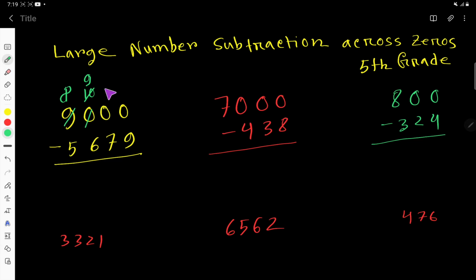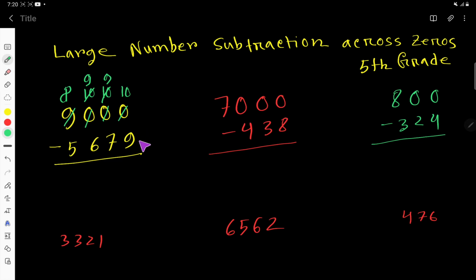So you are getting here 10 tens. 100 means 10 tens, right? Now borrow from here. So borrow 1 ten and it becomes 10 ones, right? I think you have understood the mechanism.